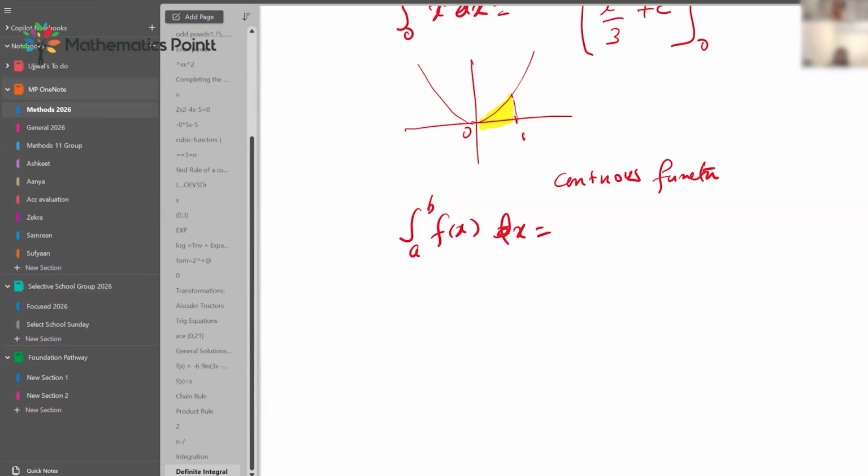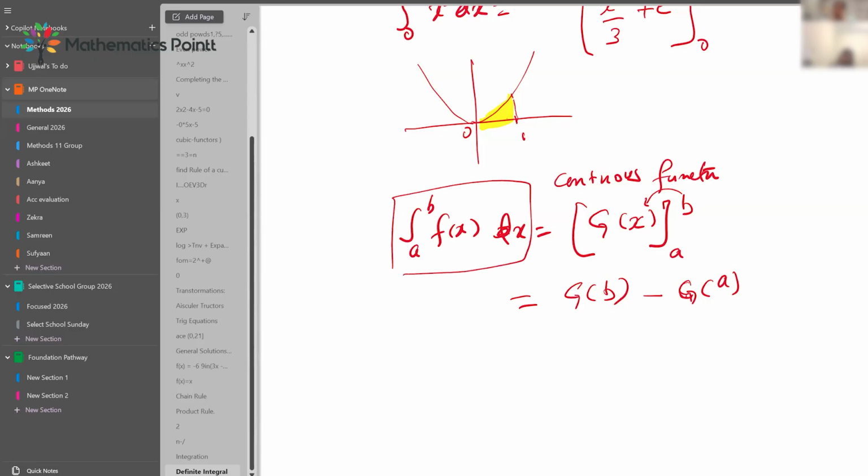You find the integral of f of x. Let's say that integral of f of x is g of x. So I will say g of x between a and b, which equals, I sub in the top limit first, g of b, and I subtract from it the integral with the bottom limit subbed in. And this will be the area under the curve for f of x dx.